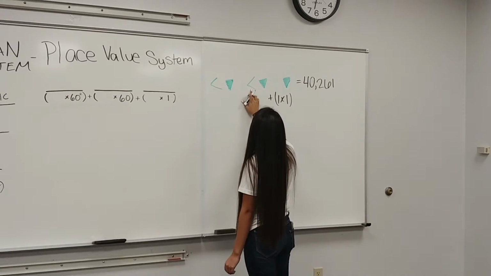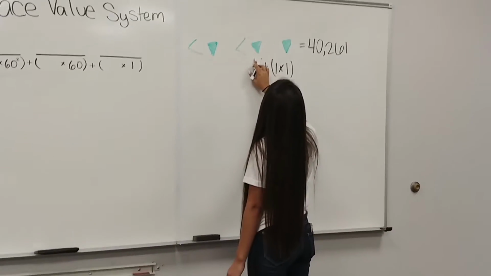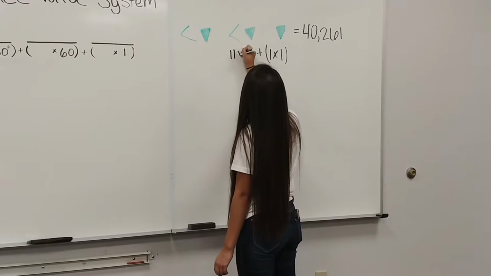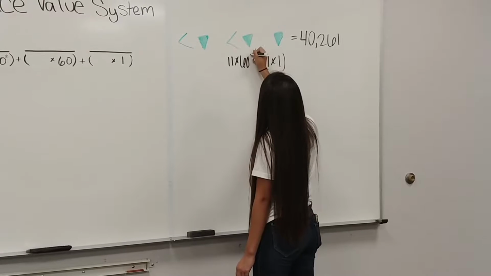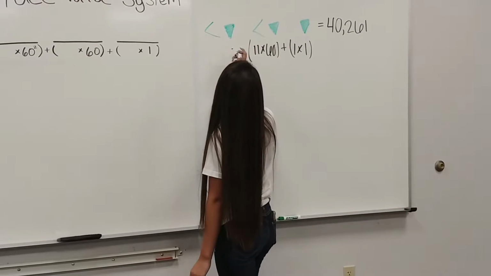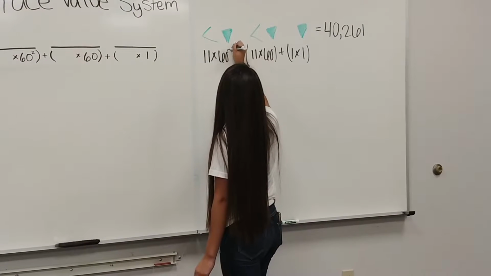And this would be greater than, and the triangle, which equals 11. This is also 11 times 60 squared.